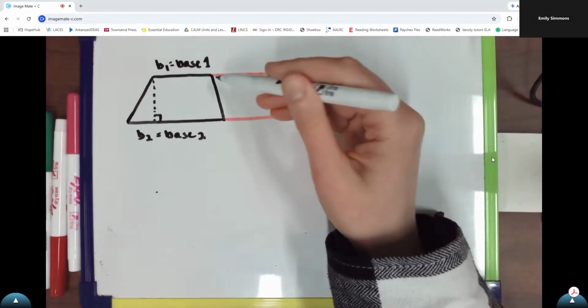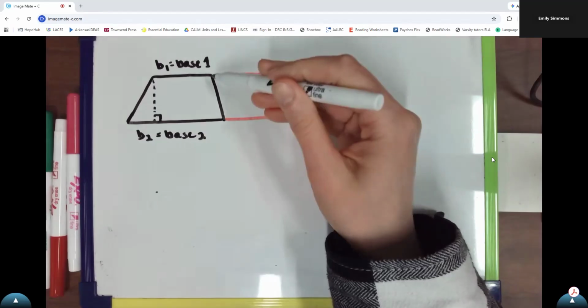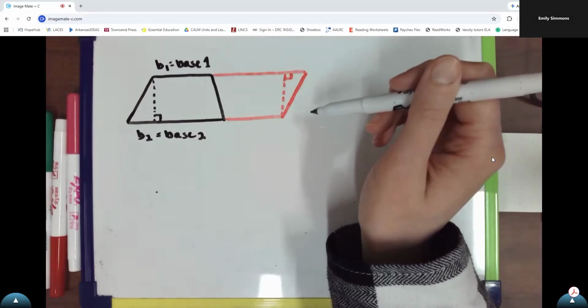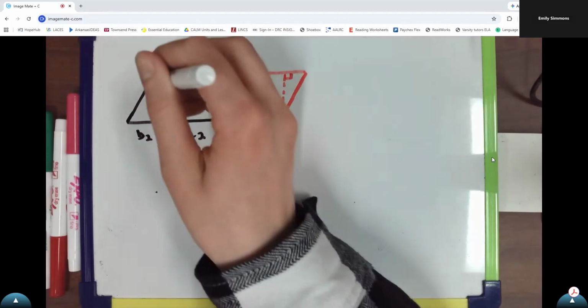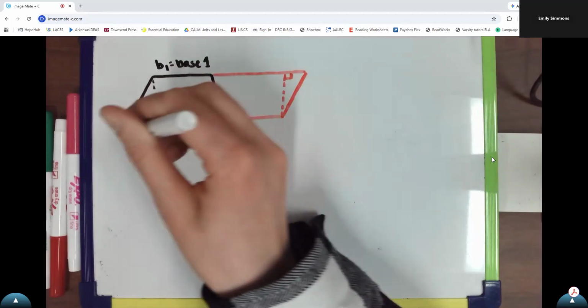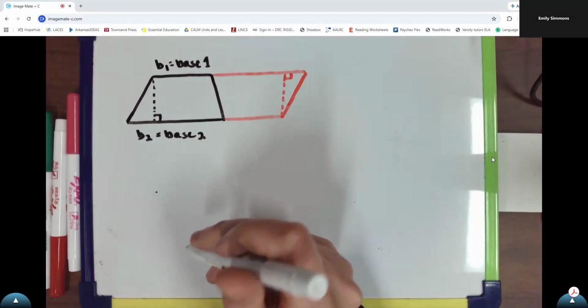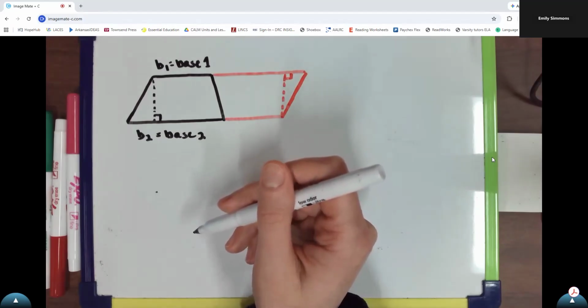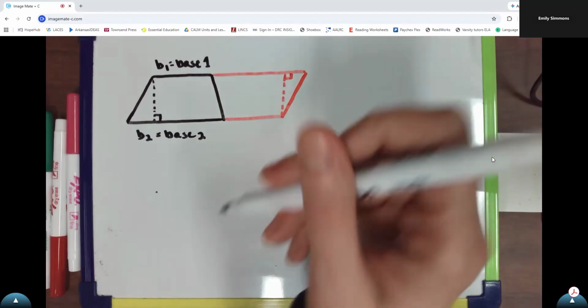They had another trapezoid of the same size upside down next to it to show that two trapezoids together make one long parallelogram. And that comes into play when we're looking at the area formula of a trapezoid.